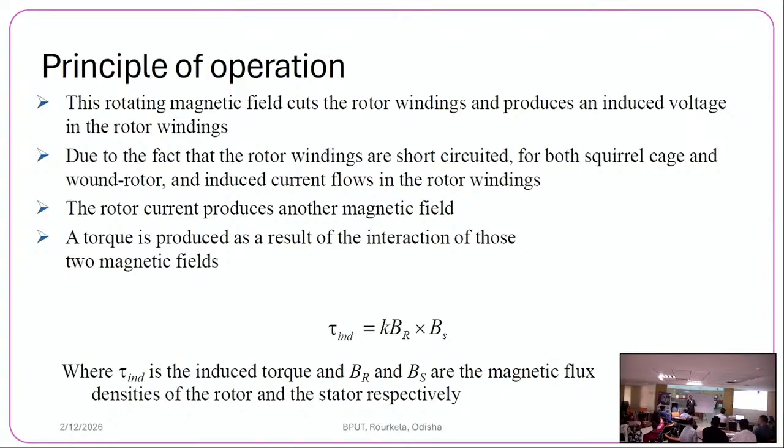Because the winding is closed, current will circulate, and that rotor conductor current interacts with the rotating flux in the air gap. By the principle, when a current carrying conductor is in a magnetic field, it experiences a force. That force acting on two diametrically opposite conductors produces a torque.